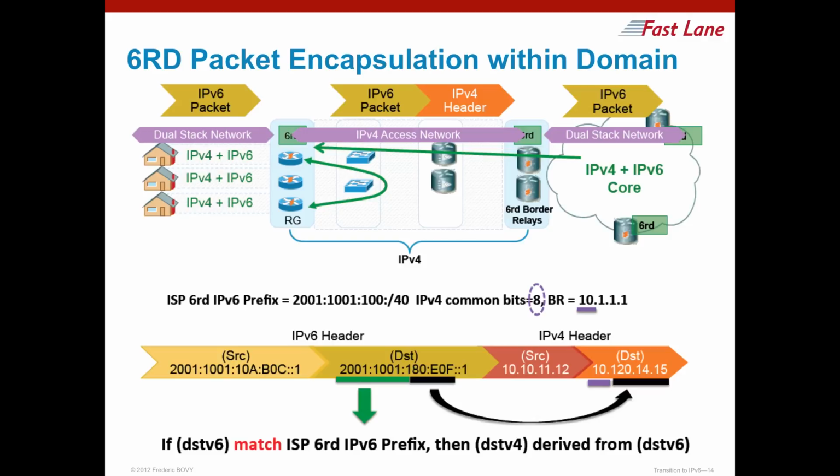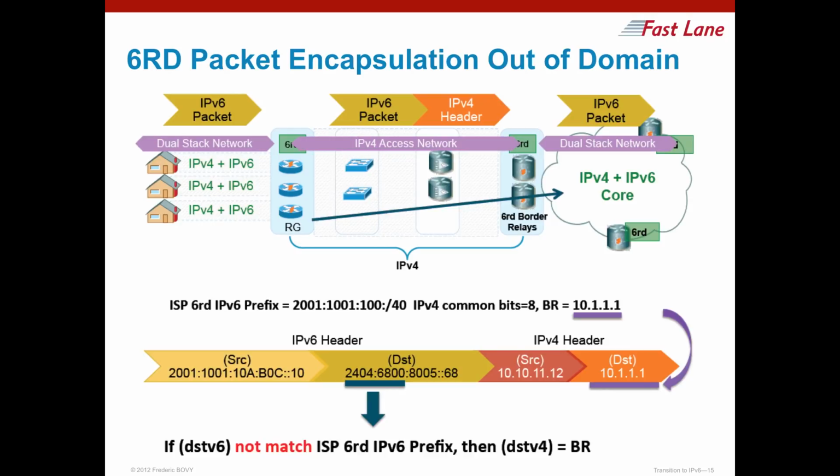So if the destination address is in the same domain, the CE will encapsulate the packet directly to the other customer within the same domain. But if the destination does not match, then the CE is going to forward the packet to the border relay, because it has in its configuration the IPv4 address of the border relay.